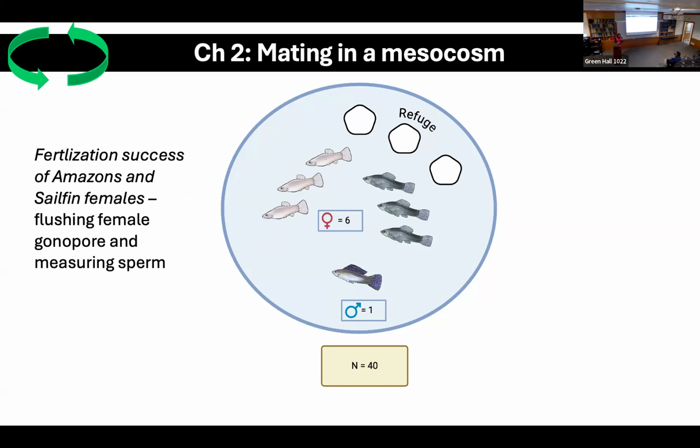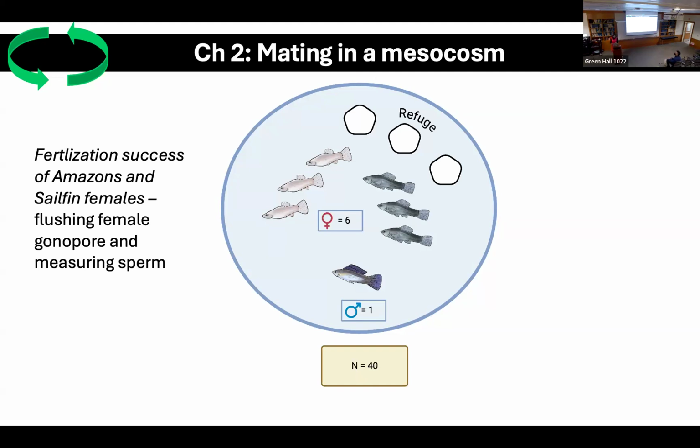This can be done by flushing the female's gonopore with a saline solution that forces the sperm out of it. I'm currently in the process of developing this technique. Step one is to successfully artificially inseminate a fish, and then the next step is to go one step back and take the sperm out before fertilization happens.